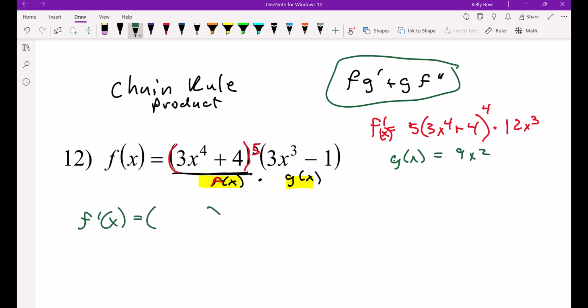So it's f times the derivative of g plus g times the derivative of f.